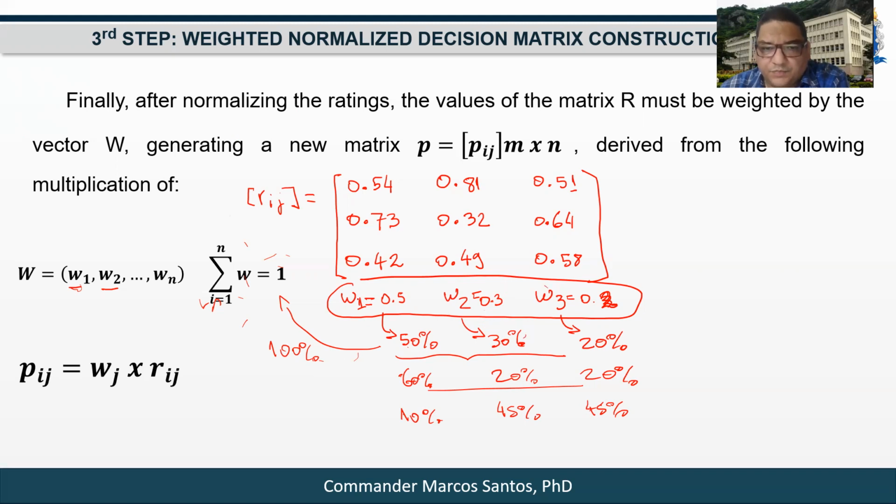So now W1 is 0.5, and I will multiply by 0.54, 0.73, 0.42.